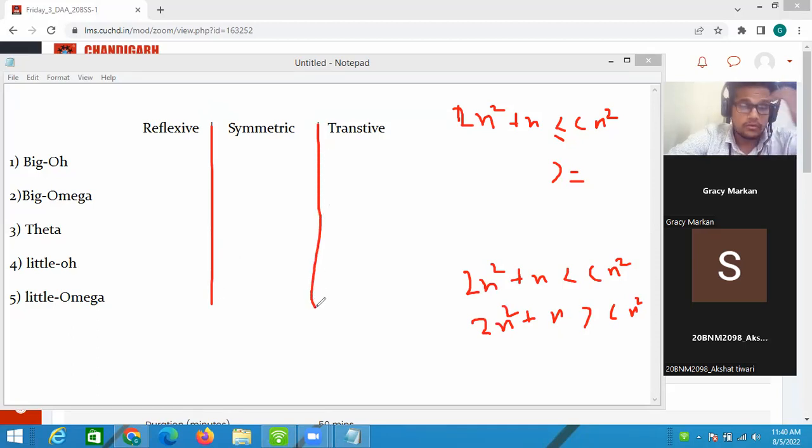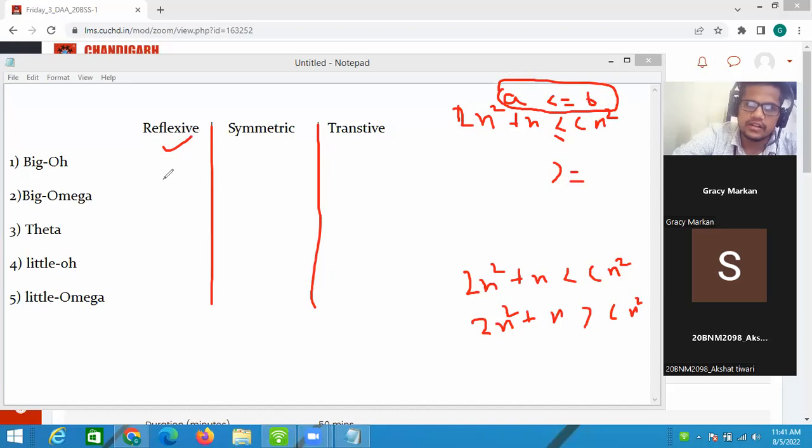So we need to check which one is reflexive, which one is transitive, and which one is symmetric. Suppose this whole condition becomes A, and this whole condition becomes B. If A is less than or equal to B, this condition happens, then we can say this is reflexive.